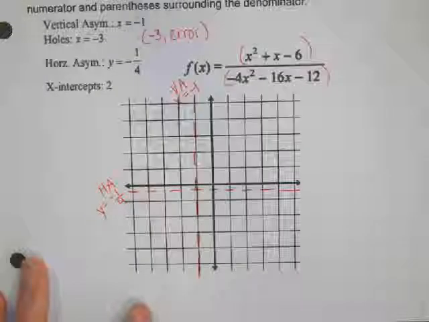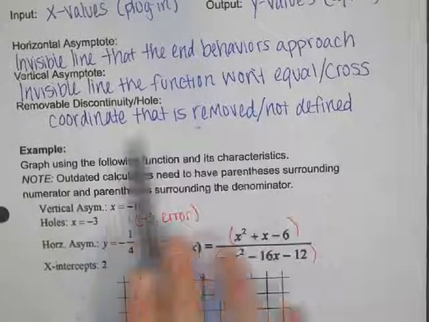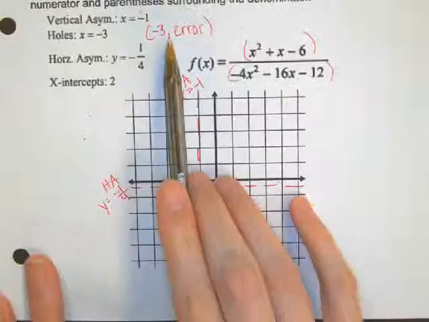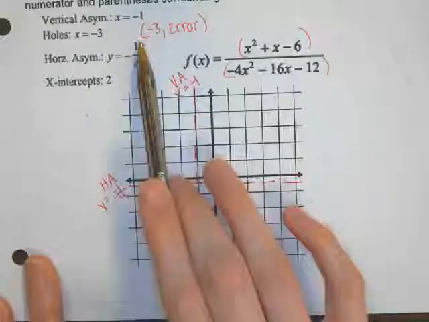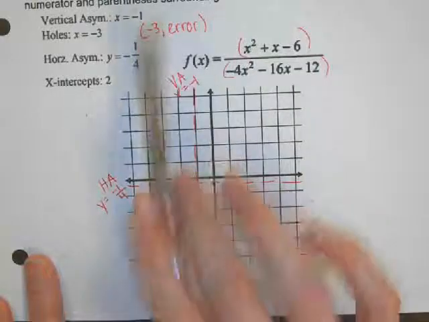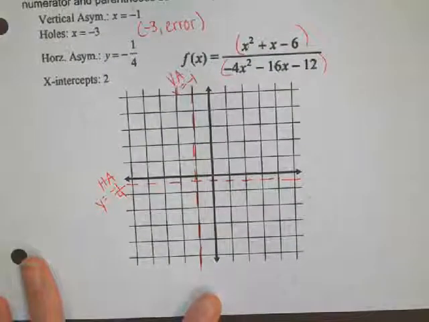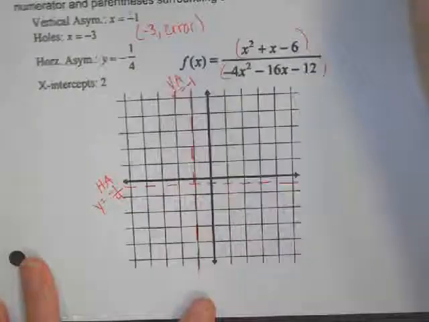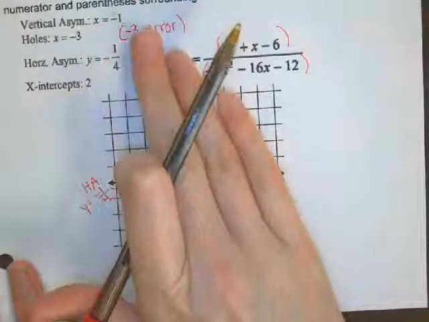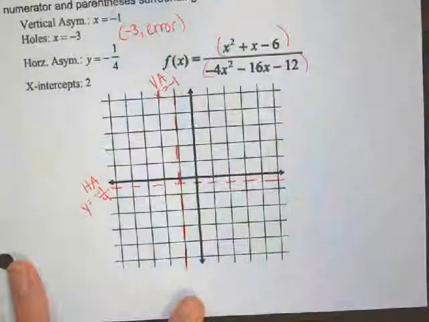It's a discontinuity because it's a coordinate that got removed. So then what this is saying is at that x value, at -3, you're going to put an open circle on the graph, something that shows that that coordinate got removed. So we'll just put that there until we start graphing, and we'll fill in an open circle.